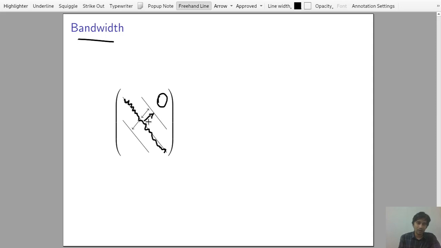So call this distance between the main diagonal and this diagonal as k1. Similarly, you can travel in the downward direction until you hit a diagonal where all the entries below it are 0. So the bandwidth of this matrix is now defined as a max of k1, k2.